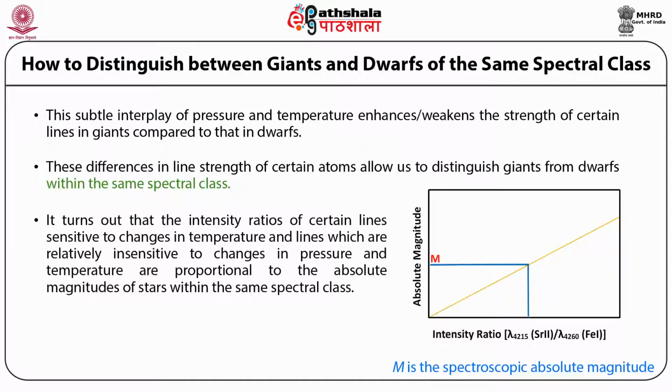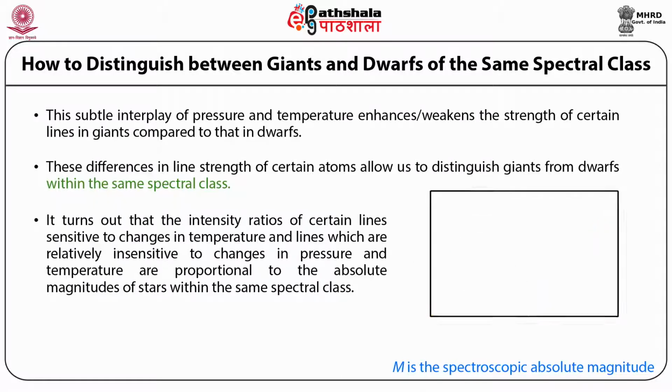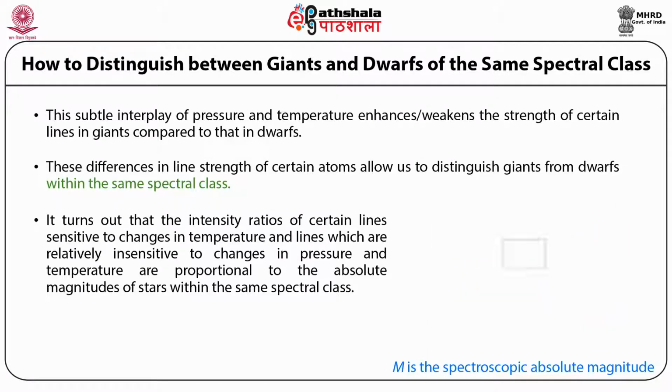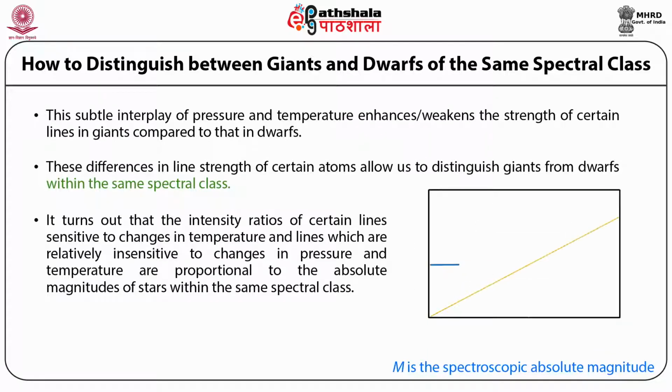It turns out that the intensity ratio of certain lines sensitive to changes in temperature and lines which are relatively insensitive to changes in pressure and temperature are proportional to the absolute magnitudes of stars within the same spectral class. So M, that is the capital M, is the spectroscopic absolute magnitude.